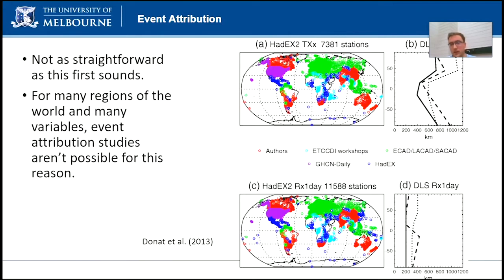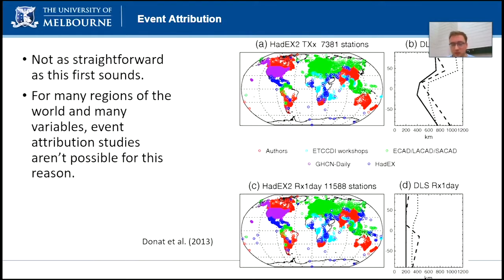So this poses a big challenge, and there are different ways that you can approach this, because we still want to do event attribution studies in these developing parts of the world.